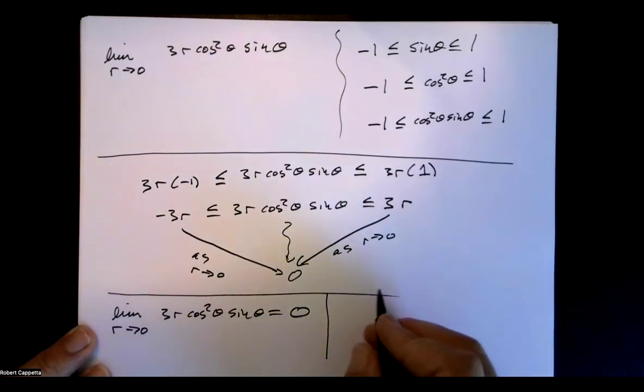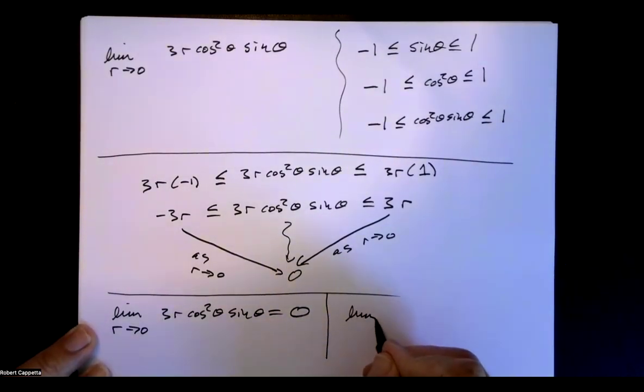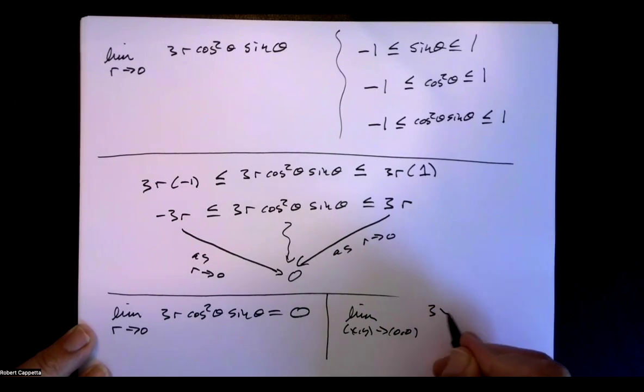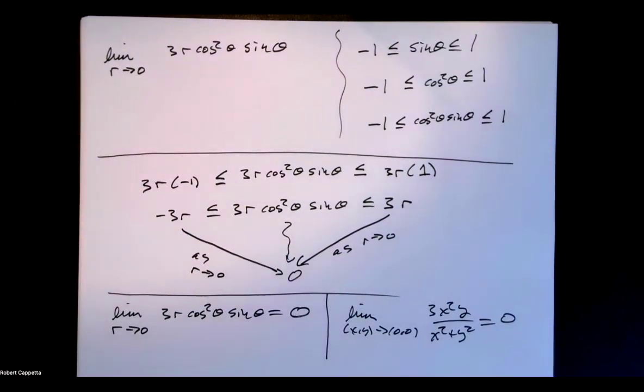So our real conclusion to this is that we've proven that that limit with the x's and y's, 3x squared y over x squared plus y squared, has got to equal 0. So any idea how this graph is going to behave as those x, y values get closer and closer to 0? Well, let's take a look at Desmos to get a visual of that graph.